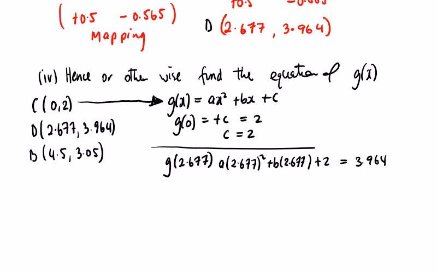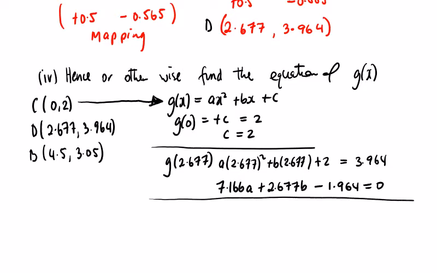So typing this into a calculator, we're going to get 7.166a plus 2.677b, and then if I bring the 3.964 across, I'm going to get minus 1.964 equals 0. So I just need a third equation now, so I can get my a and b.